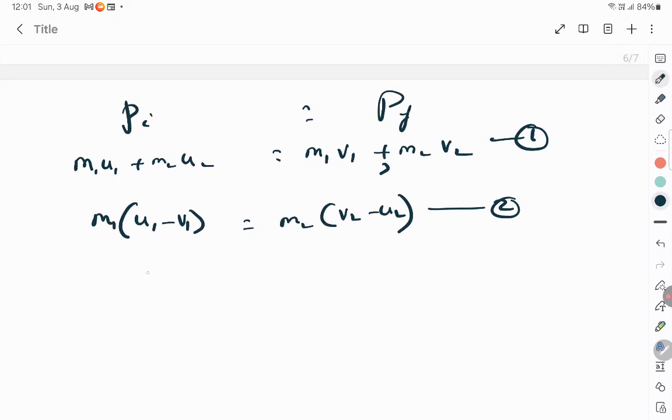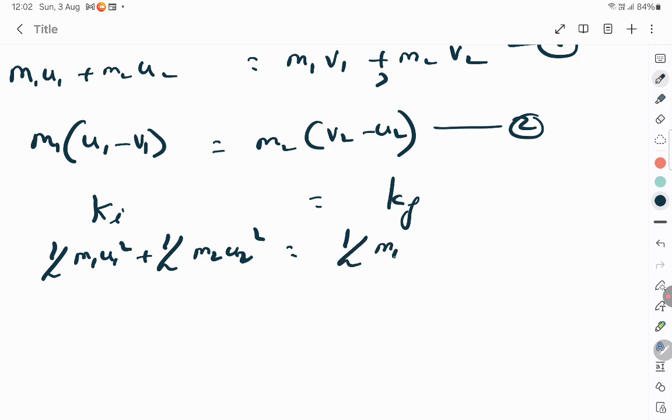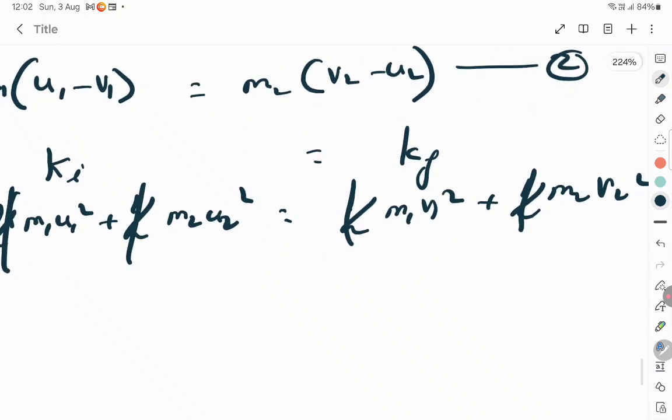Use initial kinetic energy is equal to final kinetic energy, that is, energy is conserved. Half m1 u1 square plus half m2 u2 square is equal to half m1 v1 square plus half m2 v2 square. The half throughout gets cancelled; you can't cancel anything else.